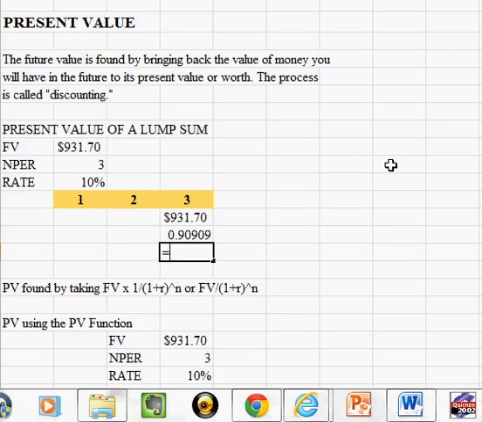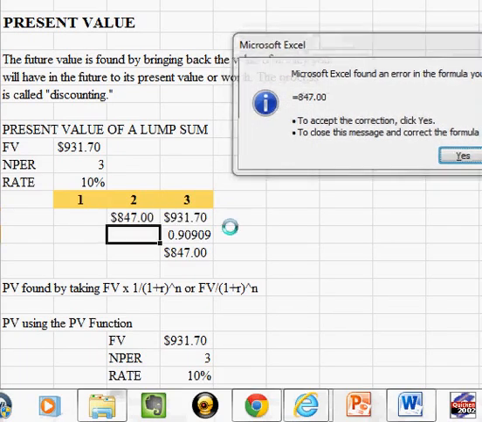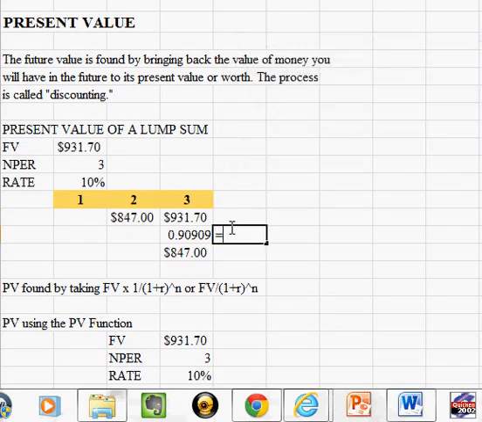So if I multiply that, then at the start of year 3, the money would have been worth $847, which is the same as it would have been at the end of year 2. So now again, I'm going to discount. My factor is going to be equals 1 divided by 1 plus the discount rate of 10%.